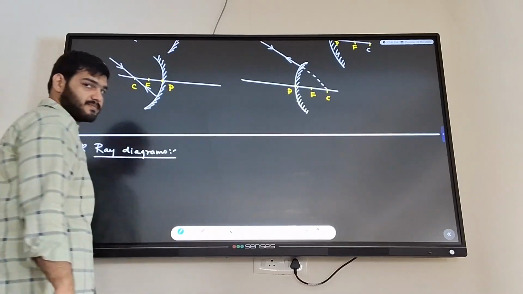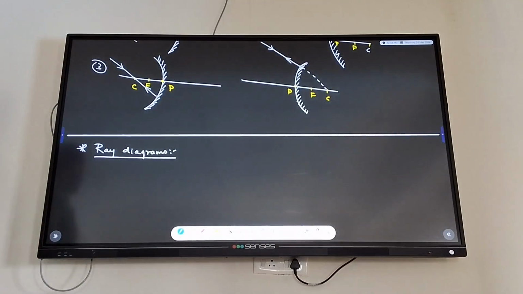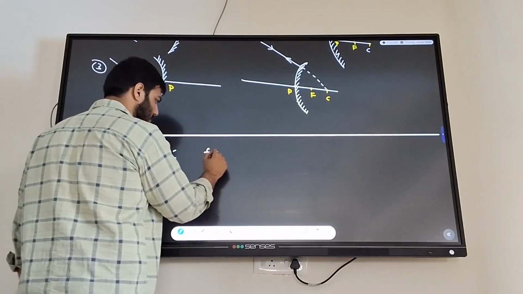Ray diagrams. And let's make them for the concave mirror first.